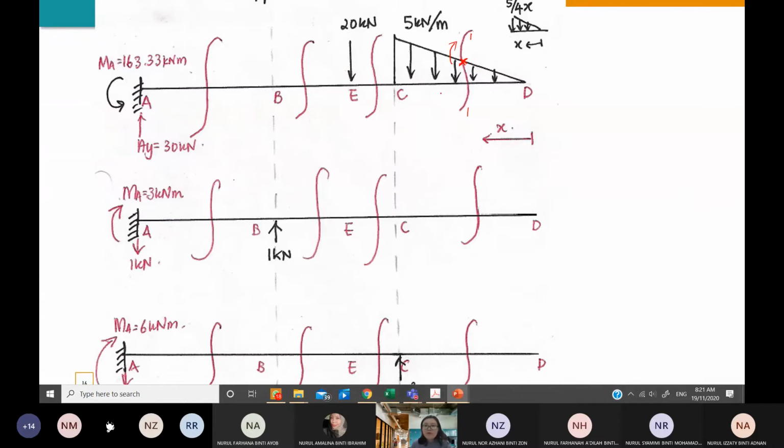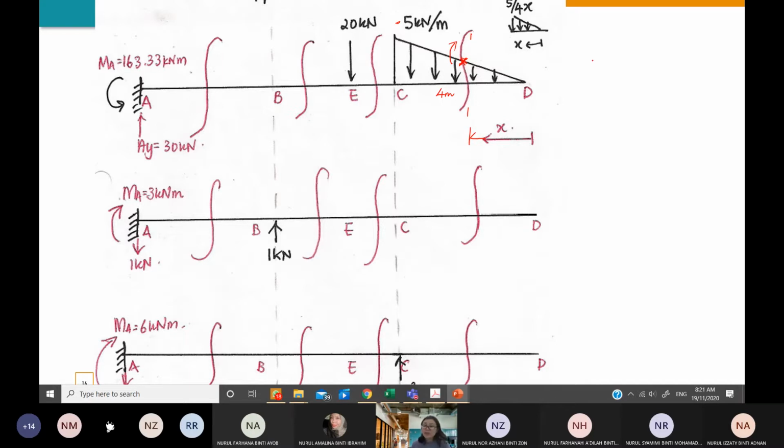We know that at 4 meter the height is 5 kilonewton per meter, but we do not know, at this specific x distance from D, what is the height of the triangular loads.